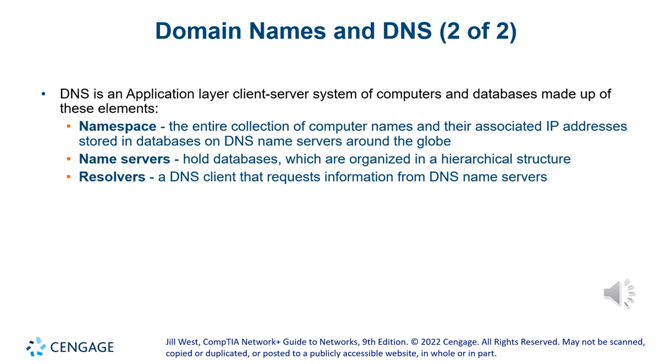But each DNS server is handled by your local enterprise. And we'll get into that in a second to explain that a little better. So your name server is the one that holds all those databases, and they're all organized in a hierarchical structure from top to bottom to see where your databases are.